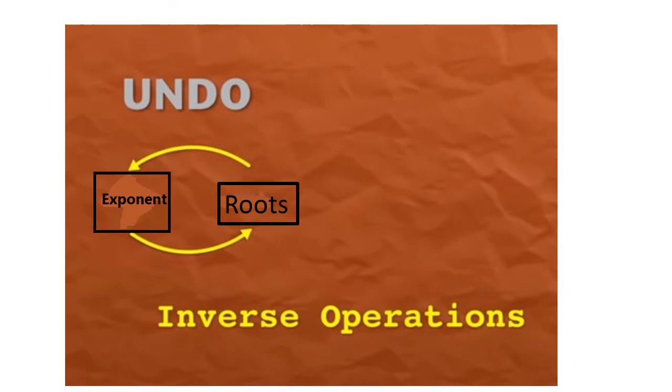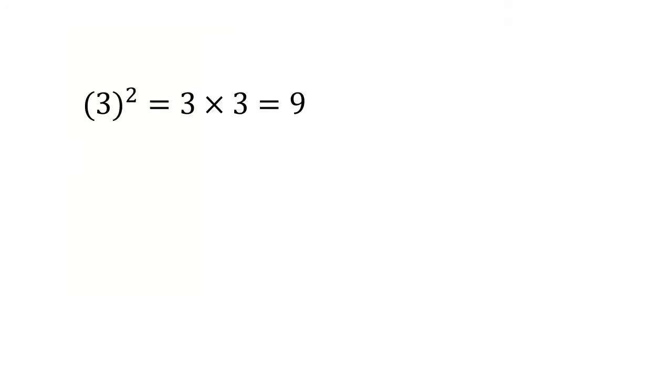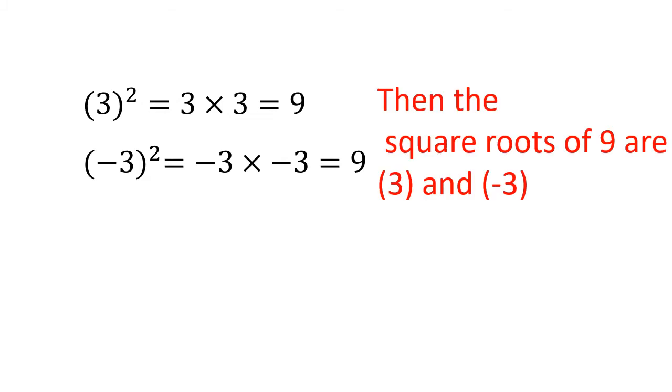And now we are going to study more about the inverse operation of exponent, which is roots. As we know, 3 squared is 3 times 3, which equals 9. And negative 3 squared is minus 3 times minus 3, which equals 9. Then we say that the square roots of 9 are 3 and minus 3.